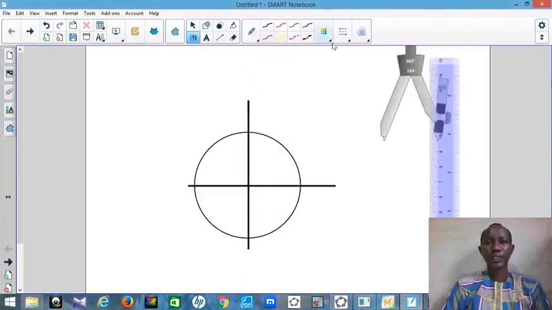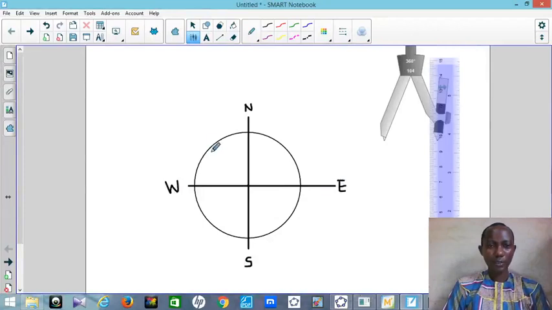Okay, let me erase this a little, it's too much. Then you label your north and your south pole. Then you label your west and your east. Then the question says 55, so you rise up north, you draw your mark.